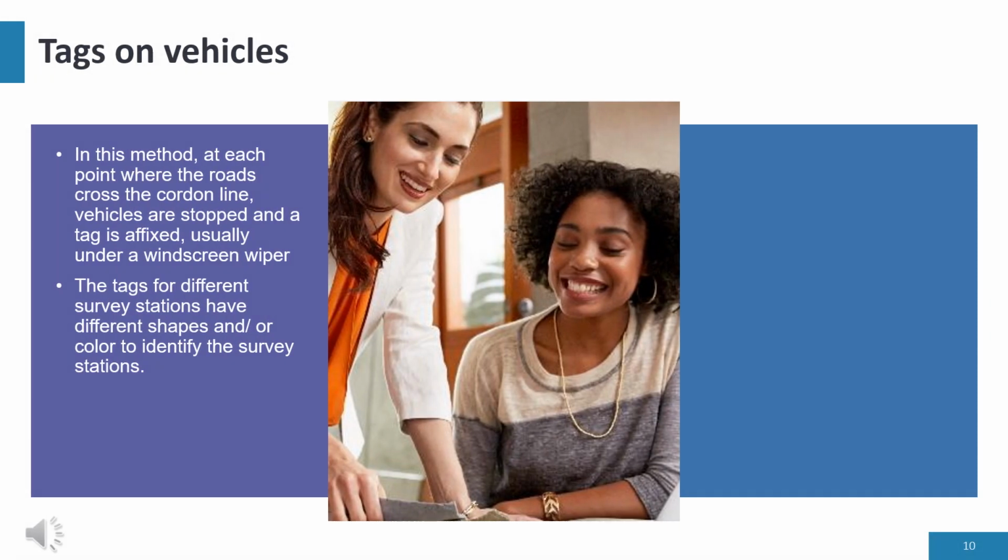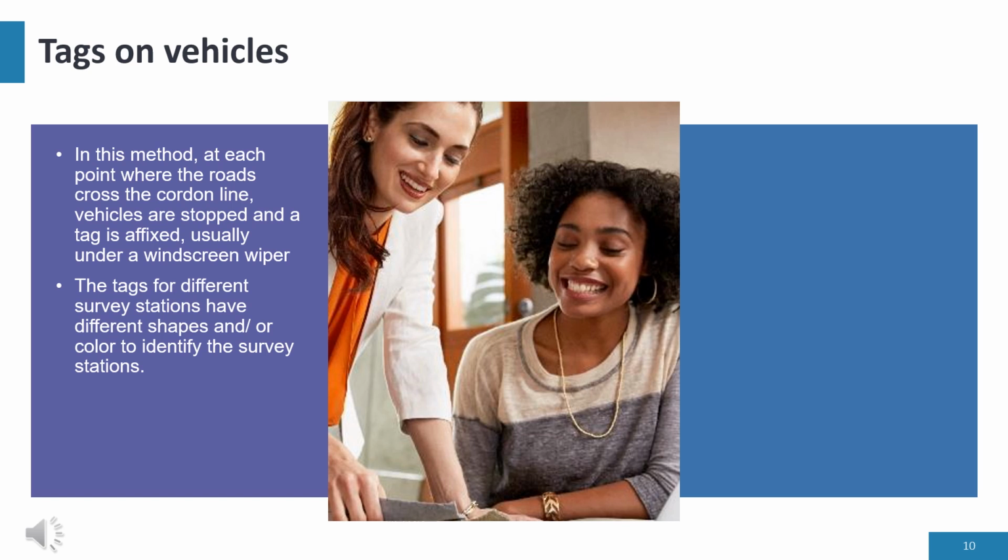Tags on vehicle. One of the efficient ways of conducting an origin destination survey is the tags on vehicles. In this method, at each point where the roads cross the cordon line, vehicles are stopped and a tag is fixed, usually under the windscreen wiper or on the back or the key.